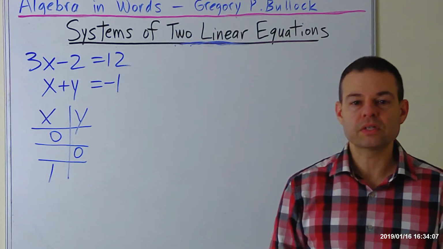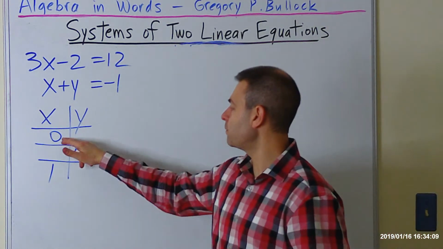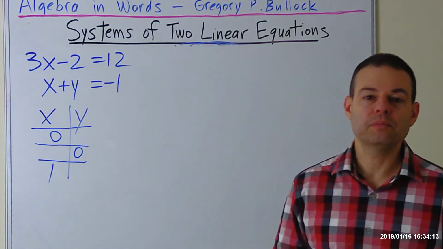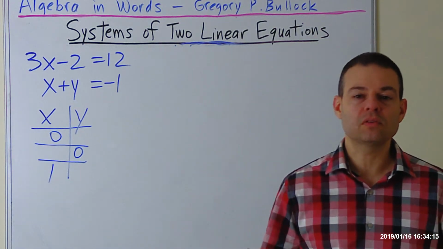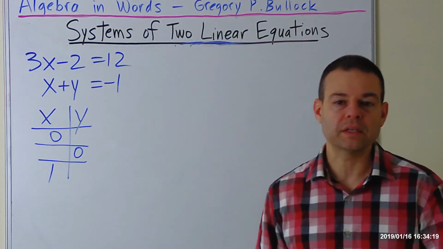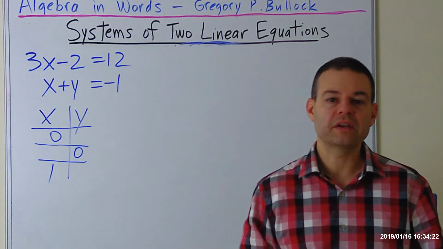I call it the 0, 0, 1 method, where you put 0 in for x, 0 in for y, and 1 in for x, and you substitute those values into one of the equations and see what the other value is for its corresponding point. That's one way to graph.